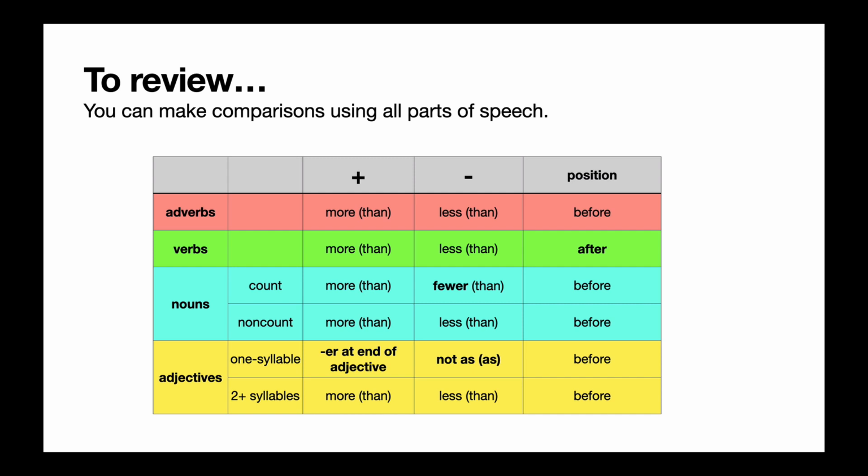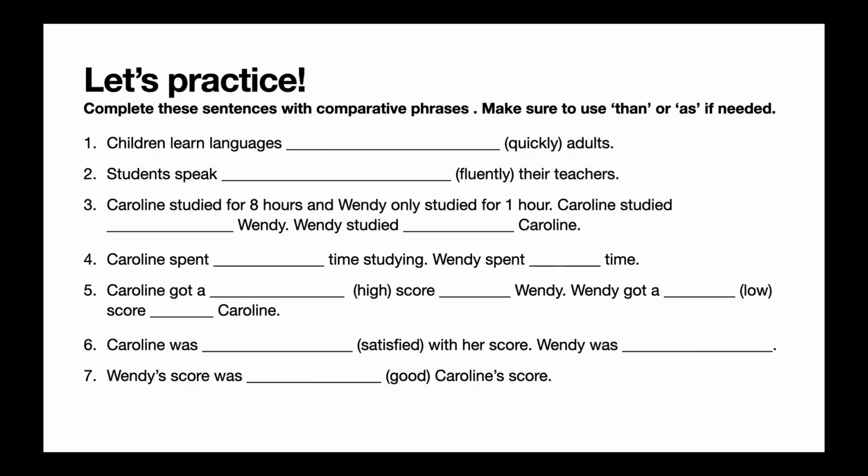And finally, adjectives. We can use more or ER at the end of a 1-syllable adjective, or not as, and less with a longer adjective. Okay, so let's practice. Here are some sentences that we should make comparative, using these words in parentheses.